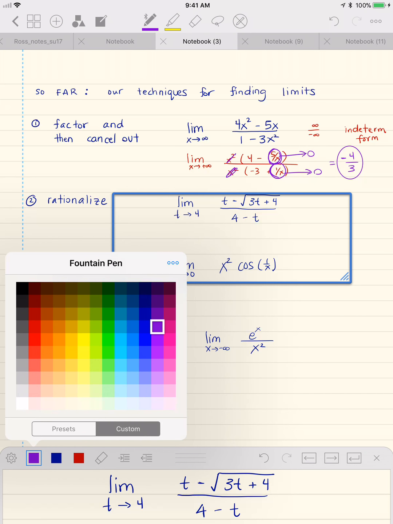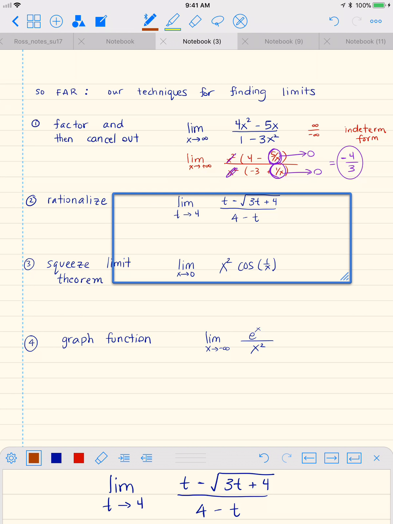Again, if we try to just plug in t equals 4, on the bottom here we would get 4 minus 4, and on the top we'd get t minus the square root of 3t plus 4.